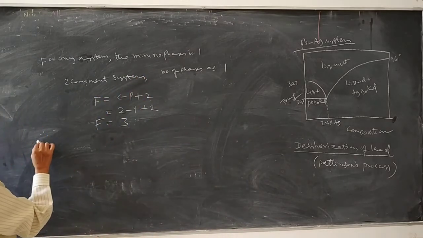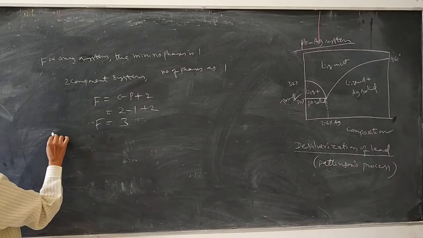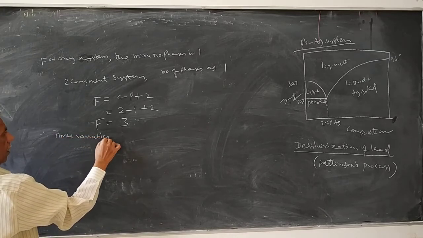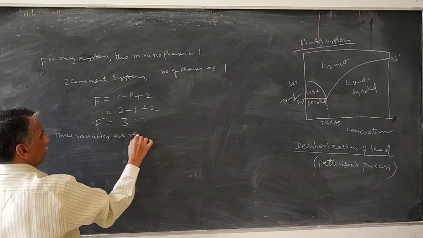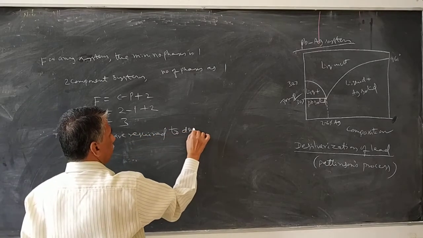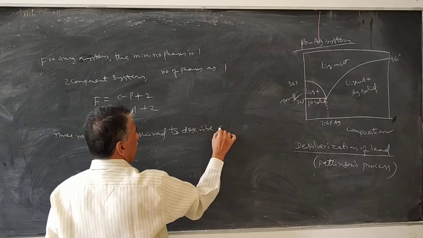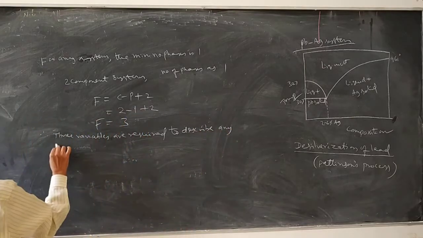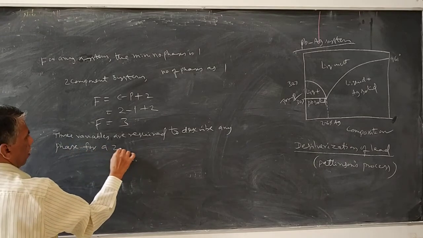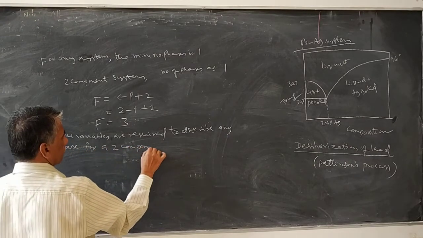Okay? Therefore, 3 variables are required to describe any phase for a two component system.